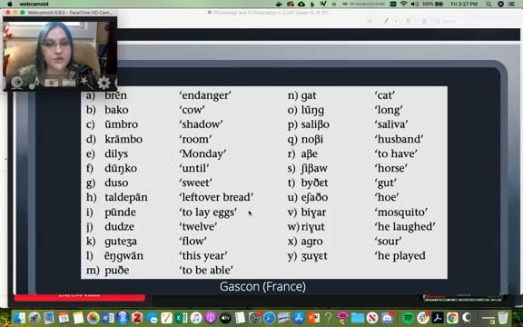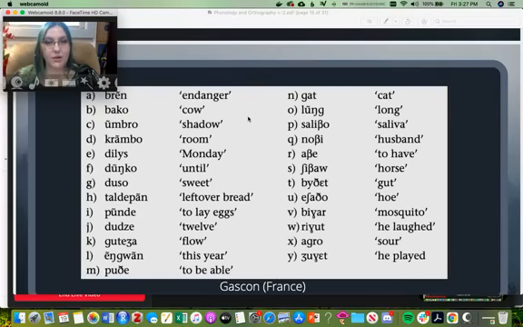And if two sounds are in complementary distribution, they're both occupying mutually exclusive spaces in words, then that is a good indication that they are actually not separate phonemes, but they are allophones of the same phoneme. They are phonetically conditioned, depending on where they are in a word and what other kinds of segments are around them. So this is one way to figure that out.